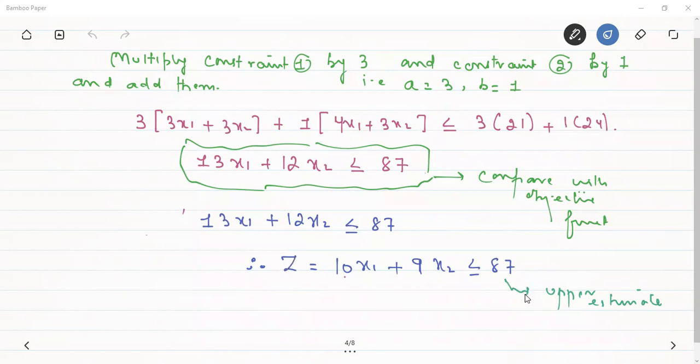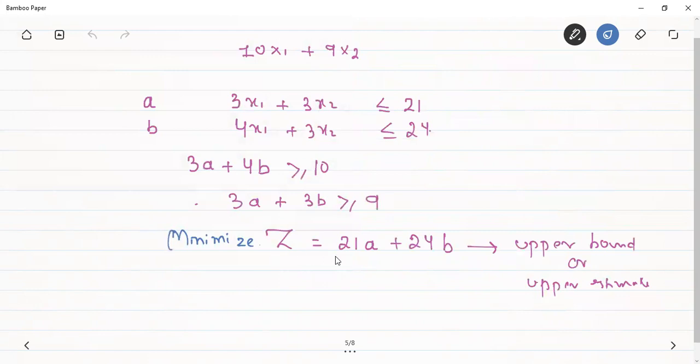This will definitely be less than 87. Only when this inequality and this objective function were the same could I directly say that the maximum value of z will be 87. But here I have to minimize this, so our problem becomes one of minimization.